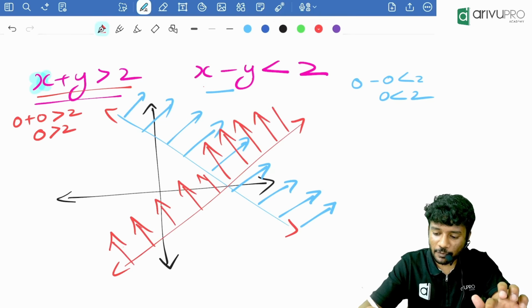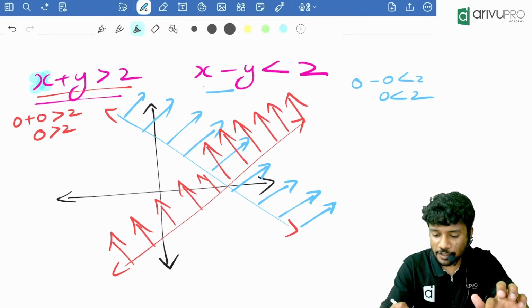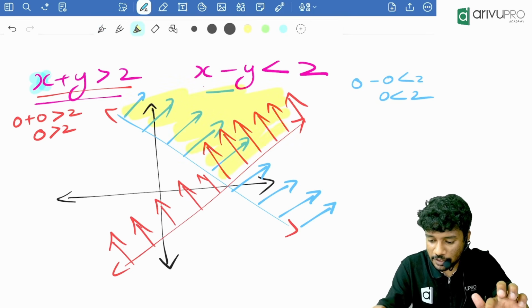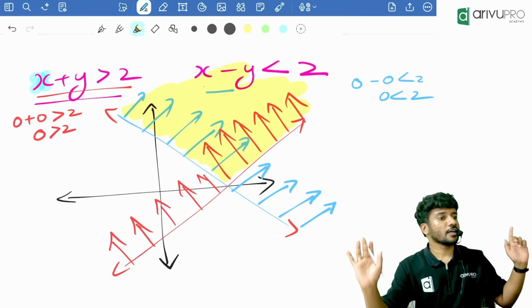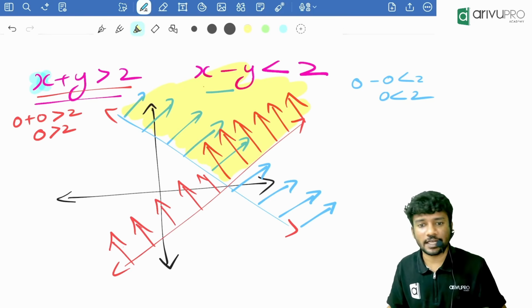Can anyone tell me what is the common area between these two graphs? Which is the common area over here? Both the graphs are there towards this side, whichever they are intersecting, and the upper part is the common area. No other place is having it as a common area. I hope you understood the common area thing.